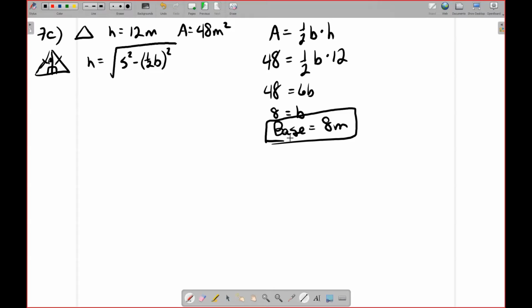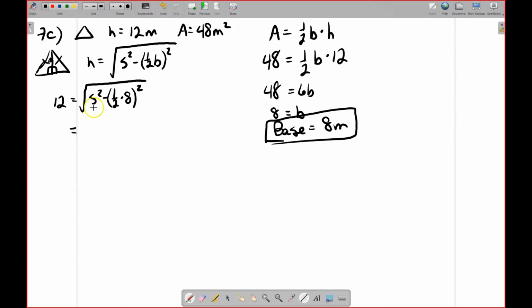Then we're asked to find the perimeter, right? And once we've got the base and the two sides, do we have the sides yet? We don't have the sides yet, so this is why we need this other equation. We know we've got the height of 12 equal to the square root of s squared minus 1/2 the base. We've now got the base, and that's squared.